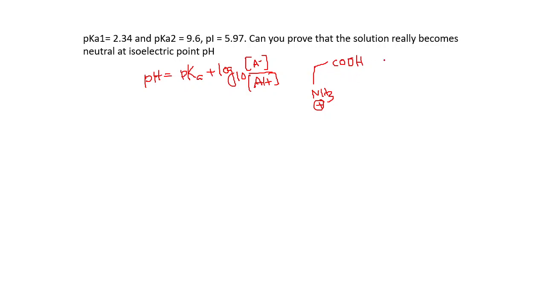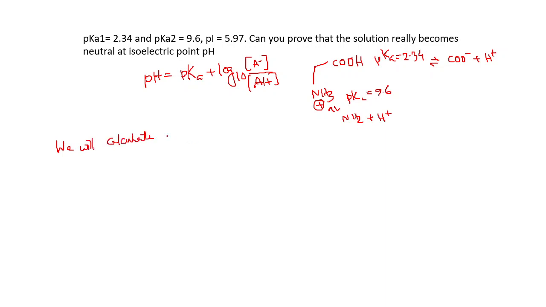This has a pKa of 2.34, whereas this has a pKa of 9.6. When this dissociates or ionizes, it becomes COO minus plus H plus, whereas when this dissociates, it becomes NH2 and H plus, right?